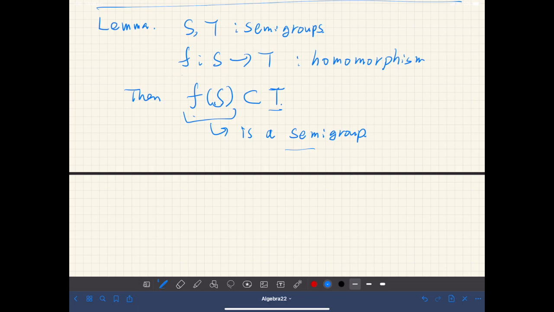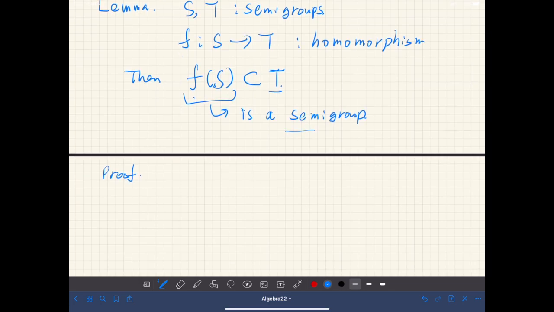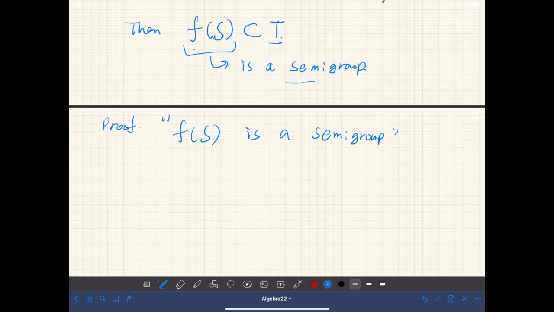So let's prove this. We want to show that f(S) is a semigroup. This is what we need to show.